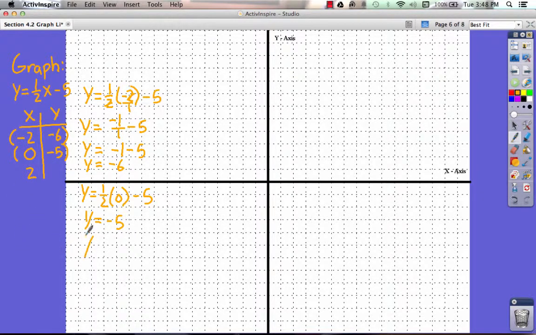So y equals 1/2 times 2 minus 5. The 2's cancel and I'm left with 1 minus 5. 1 minus 5 is negative 4. So we got 2, negative 4.